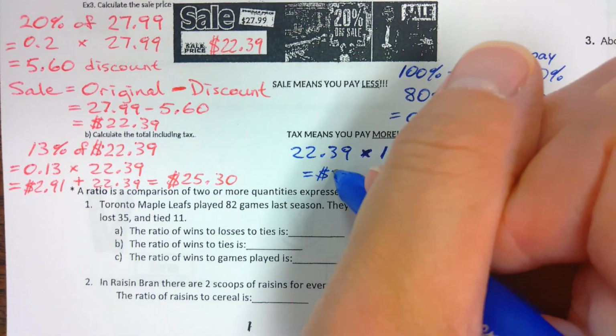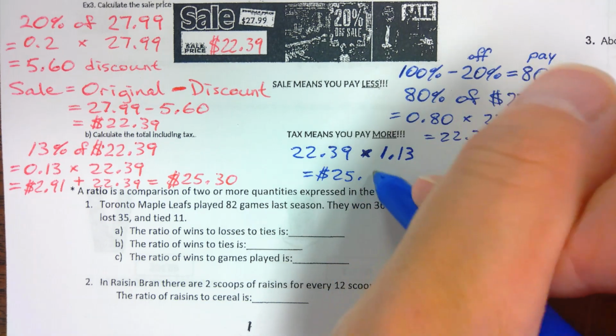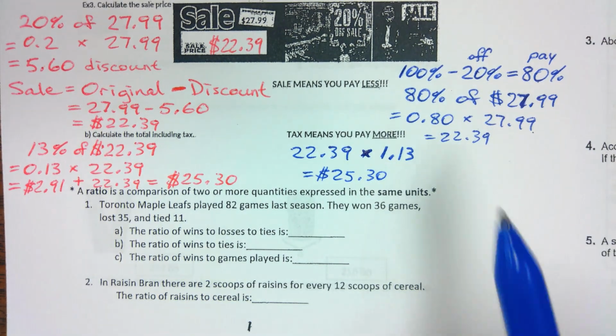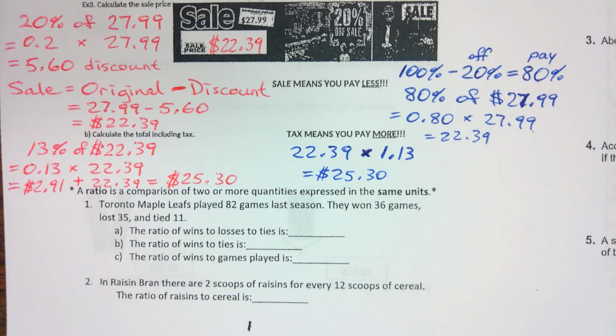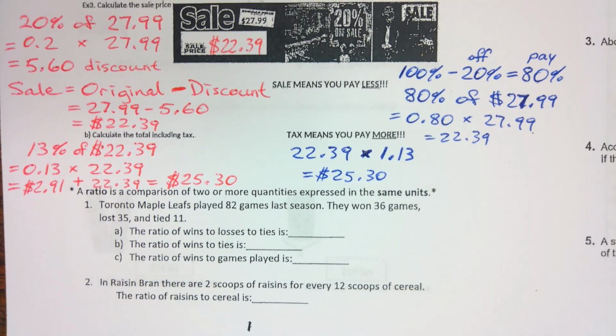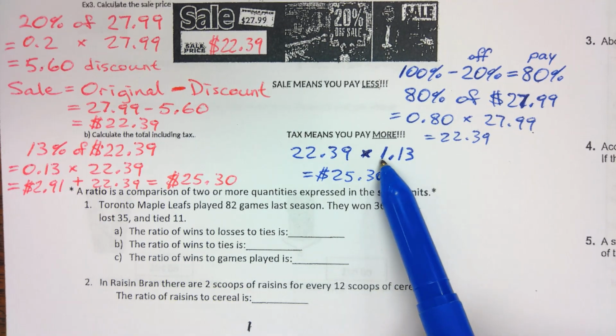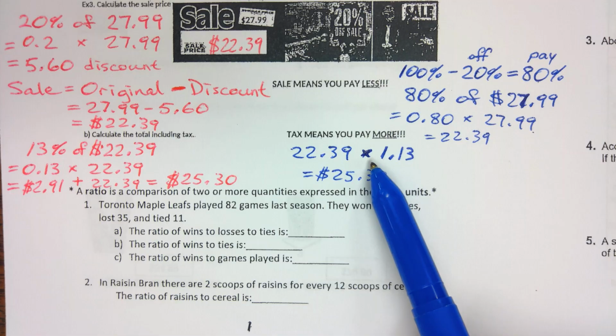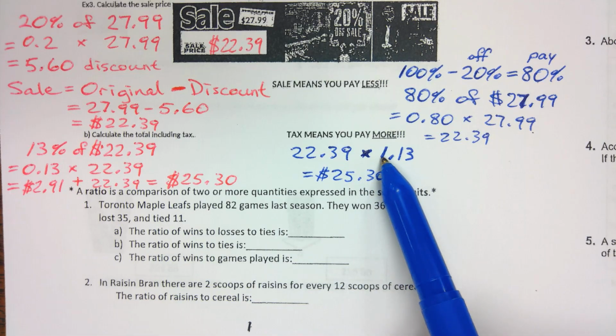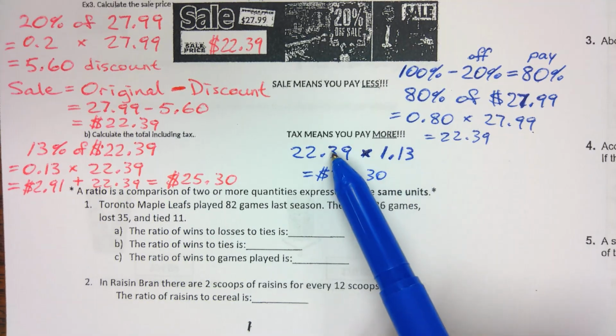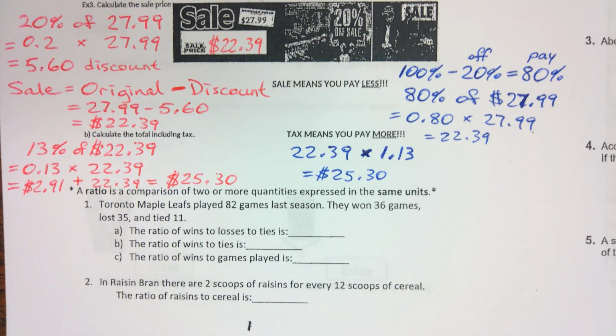Why 1.13? If you only do 0.13, you only get about $3, which is the tax portion. But where did this one come from? Right, the original, the price itself. Okay, good.